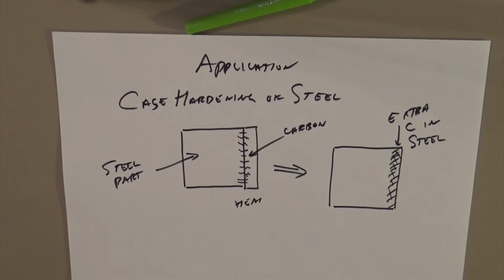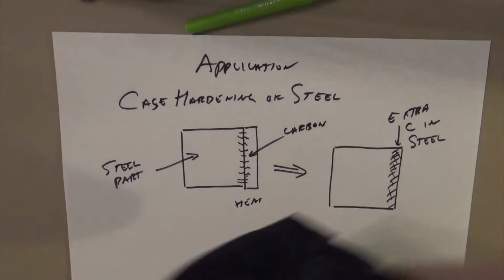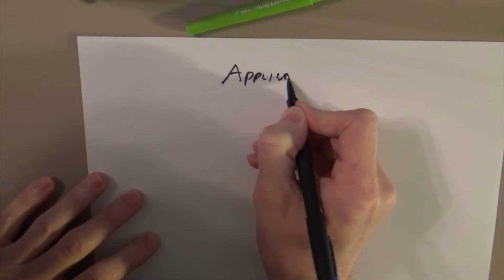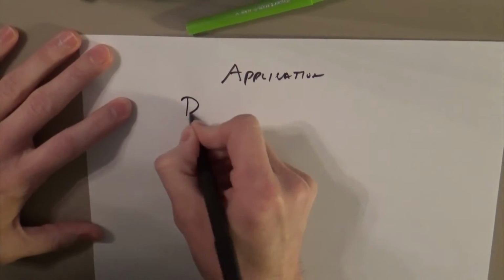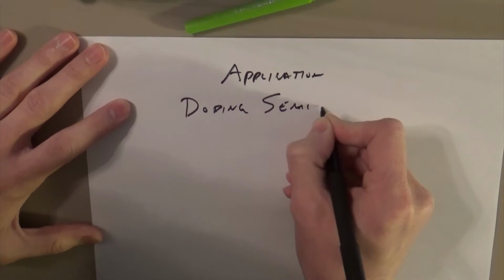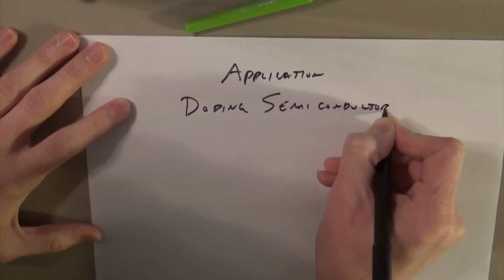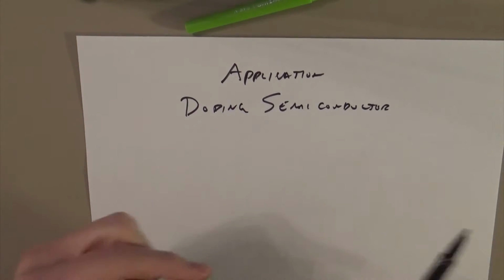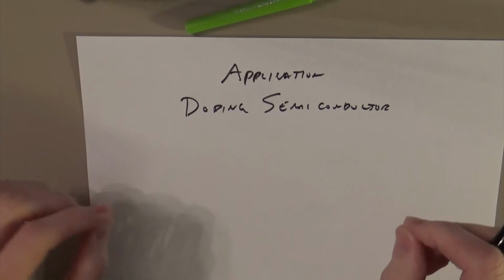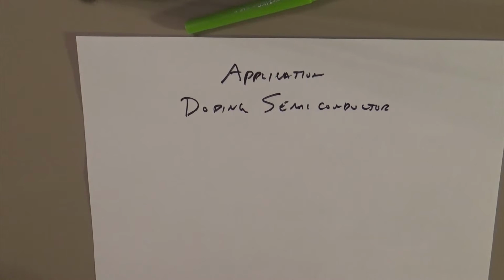So that's one application. Another application is adding dopants to semiconductors. All of our little circuits rely on having a very precise control of dopants, and it's actually kind of tricky to do, but diffusion and ion implantation are the two mechanisms that we use.